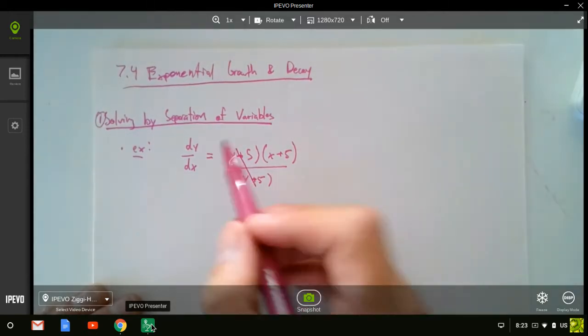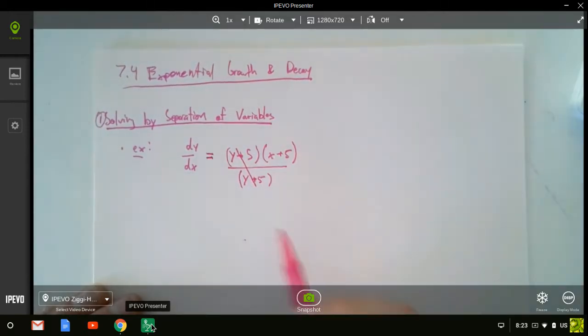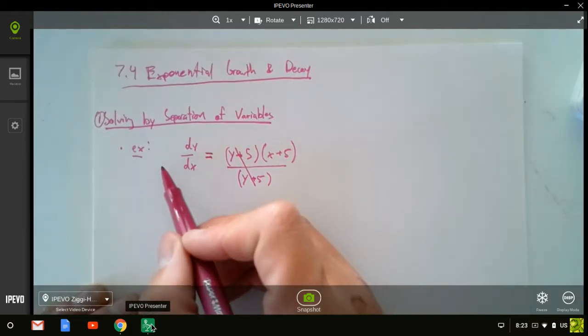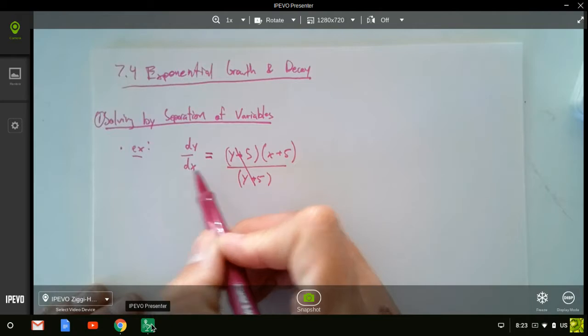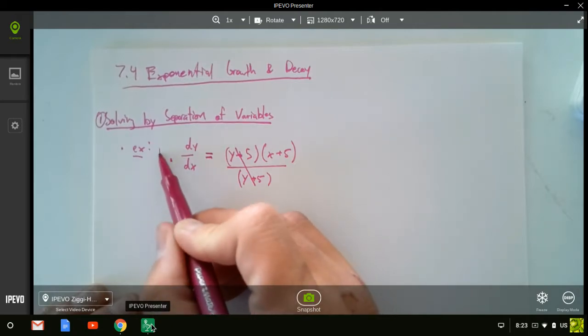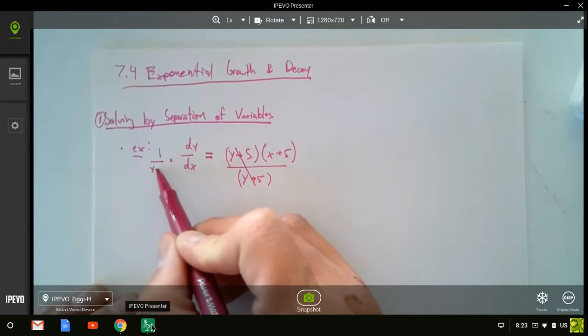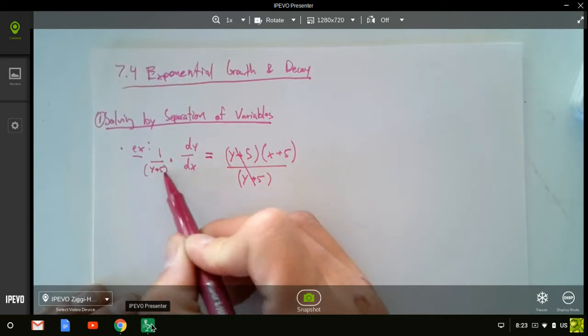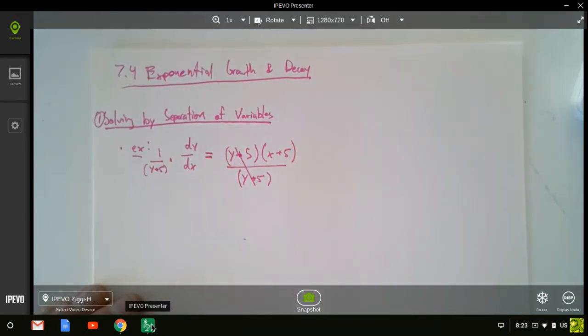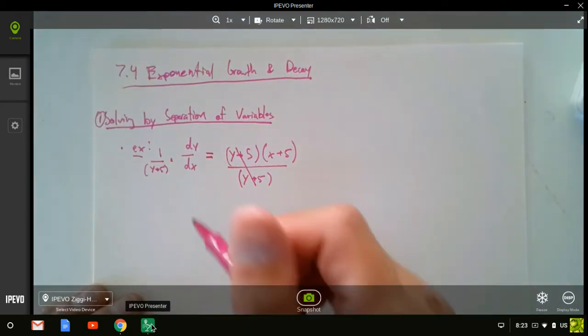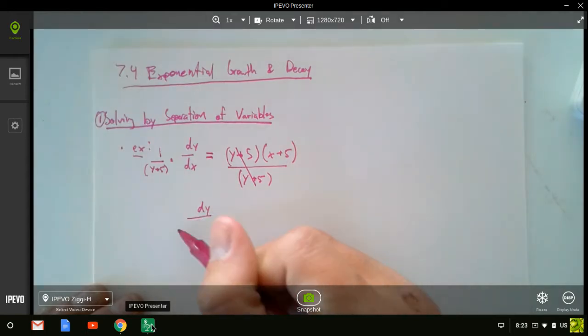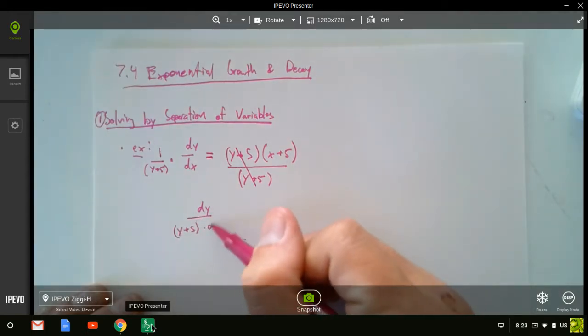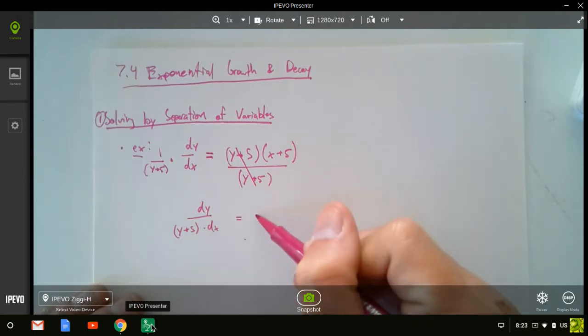And whatever you do to one side of the equality sign, you must do to the other, which is you can either divide this whole fraction by y plus 5, or you can look at it as multiplying it by 1 over y plus 5. What you should be left over is dy over y plus 5, which will be multiplied to dx, is equal to x plus 5.